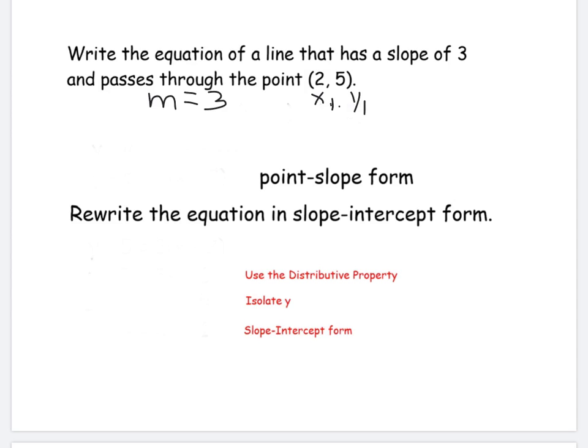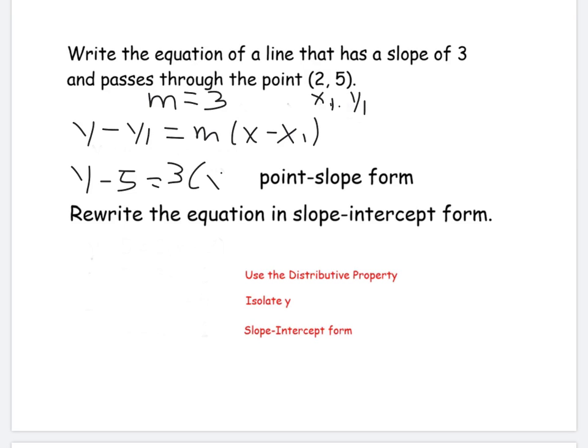So when we have our point slope form, it was y minus y1 equals m times x minus x1. So if you go ahead and substitute in here, you would have y minus 5 equals 3 times x minus 2. And that would be our equation in point slope form for the line.